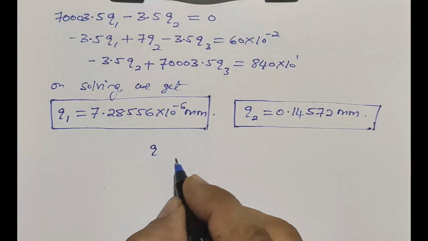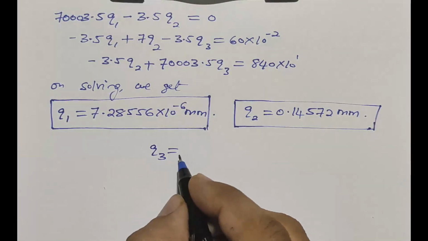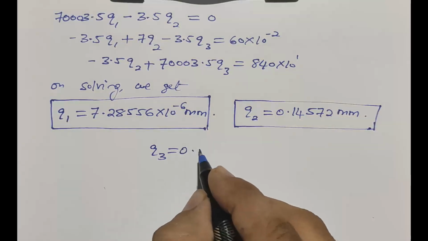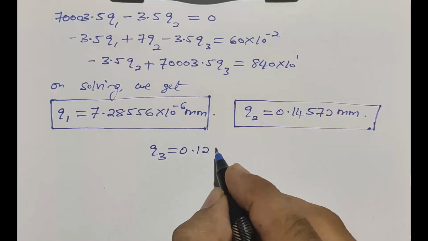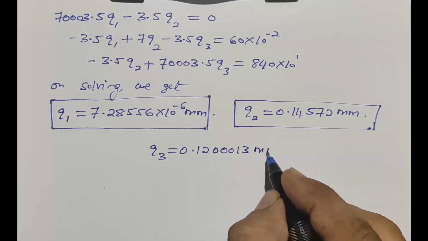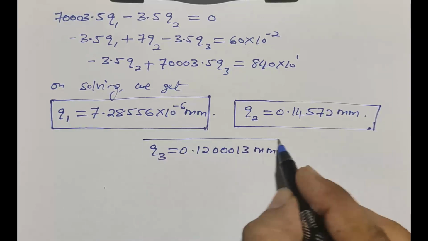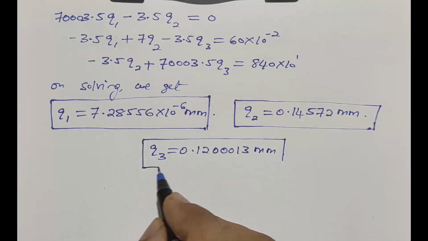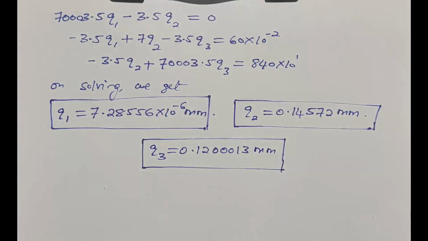And Q3, that is displacement at node number 3, is 0.1200013 mm. These are the displacements at corresponding nodes. So first question is over. Second one is stresses. We will find stresses.